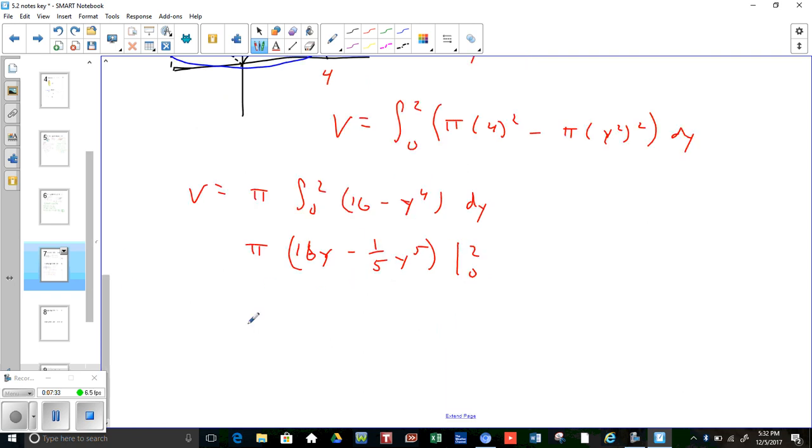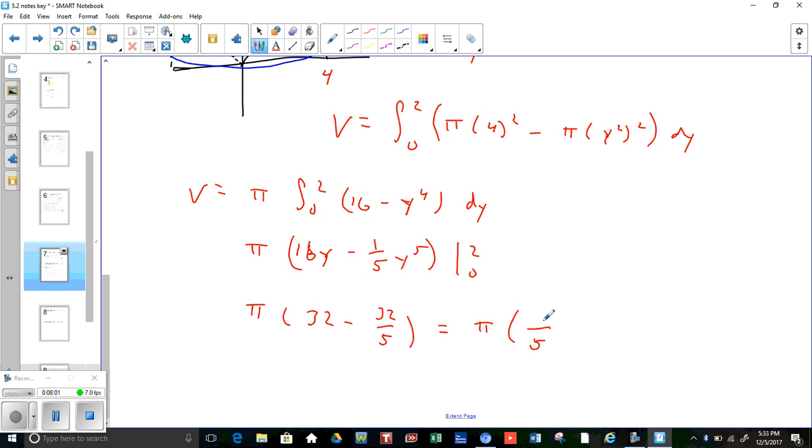So let's see, plugging in 2, we're going to get pi times 2 times 16 is 32. 2 to the 5th, what is that? 2, 4, 8, 16, 32, so that's 32 fifths. And plugging in 0 goes away, so we just got to put everything in terms of fifths. Let's see, pi times 32 in terms of fifths, that's going to be whatever 32 times 5 is.